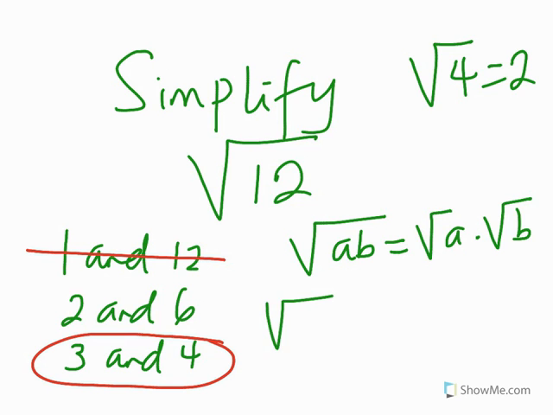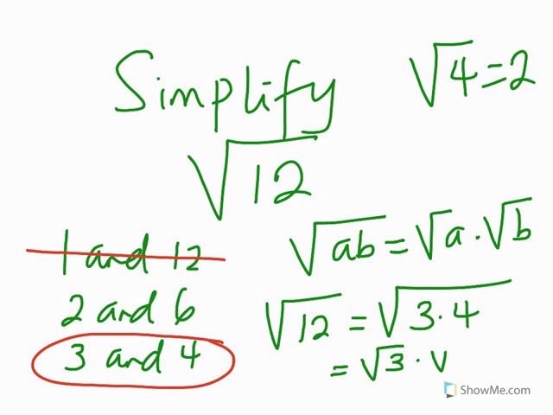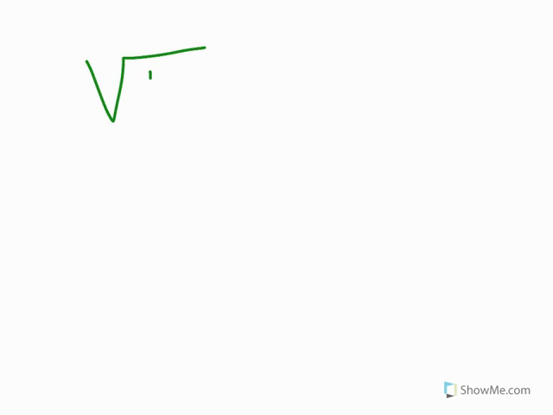So the square root of 12 means the square root of 3 times 4, and it's the same thing as the square root of 3 times the square root of 4. So let's write it again.